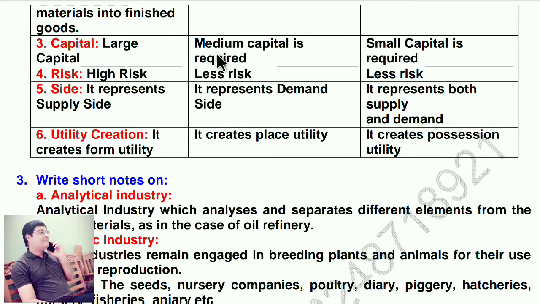Here we want large capital, here medium capital is required, here small capital is required. Risk is very high, less risk. Side: it represents supply side, it represents demand side, it represents both supply and demand. Utility creation: it creates form utility, it creates place utility, it creates possession utility. Possession means ownership.